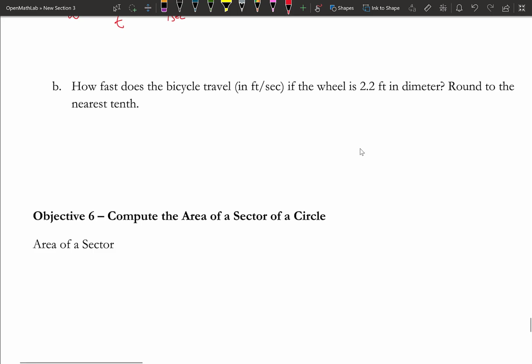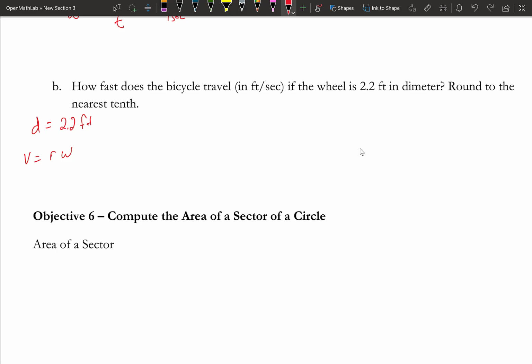And then part B, we're asked how fast does the bicycle travel in feet per second if the wheel is 2.2 feet in diameter. So the diameter is equal to 2.2 feet. What we're asked to find here is the linear speed, which is v equals r times omega.